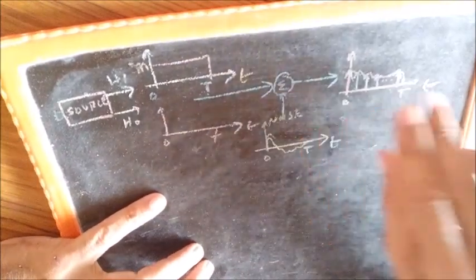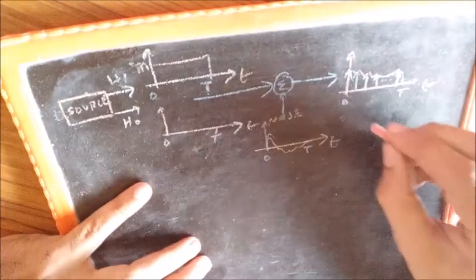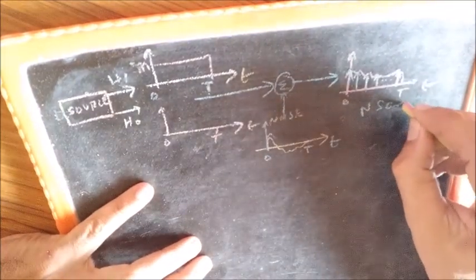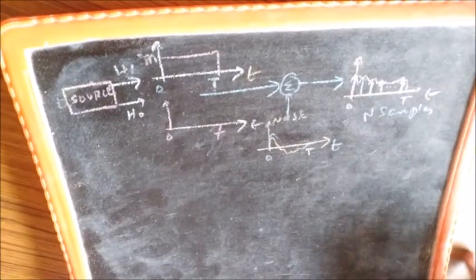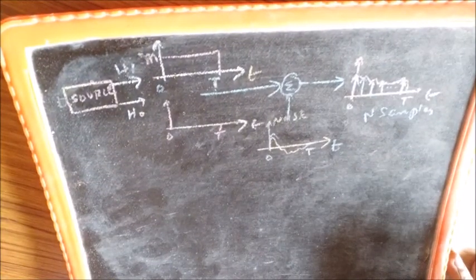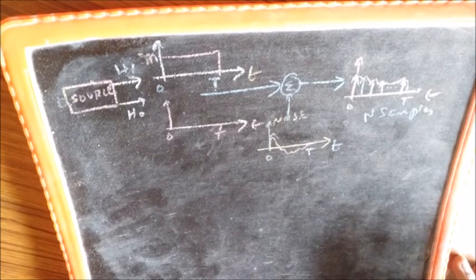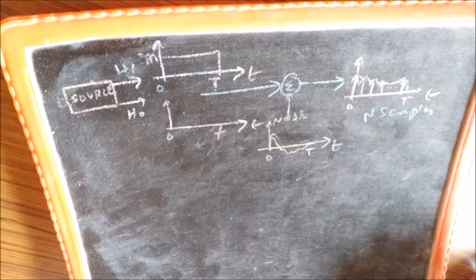It's going to take capital N samples. And then from these N samples, it has to find out the most likely hypothesis that was transmitted, or given out, by the source.